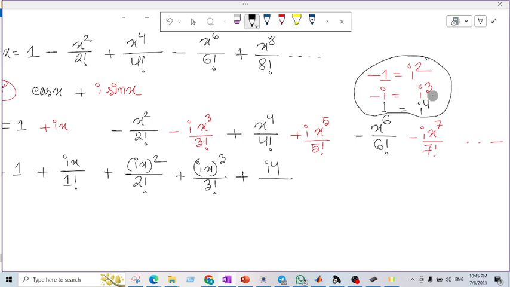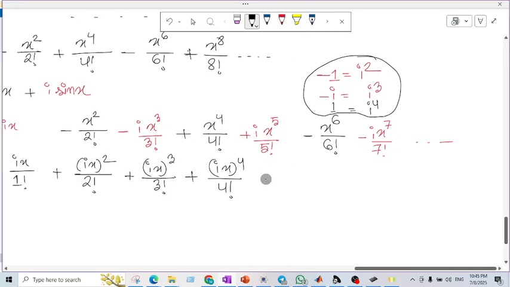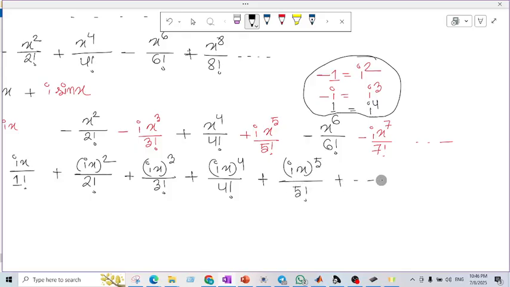So I can write ix to the power 4 divided by 4 factorial. Then I can write i to the power 5, because i to the power 5 is equal to i. So ix to the power 5 divided by 5 factorial. And I think you understand the pattern.